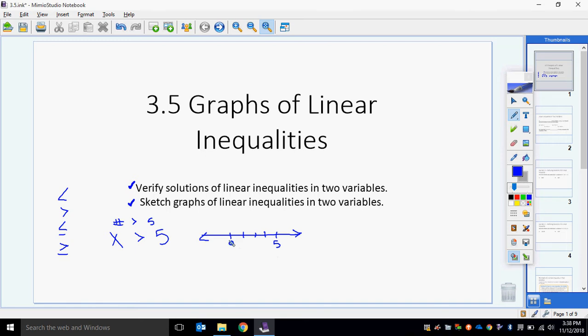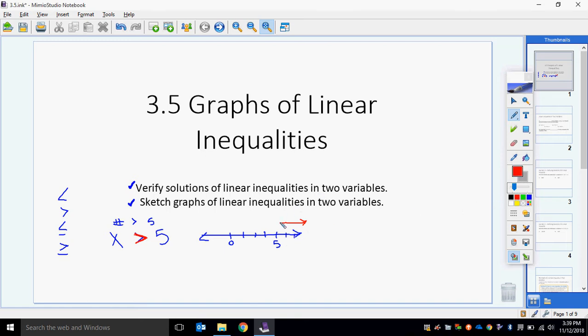So then you had to decide, well, open or closed circle, and which way my arrow is going. So because it's greater than 5, and the numbers that are greater than 5 are these numbers over here, right? Like numbers like 6, 7, 8, 9, 10, infinity.